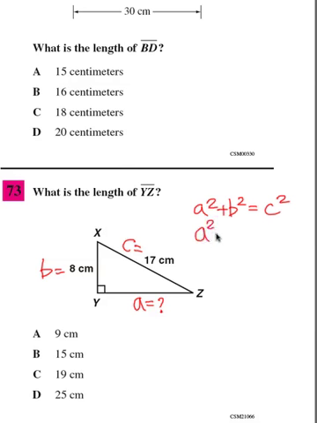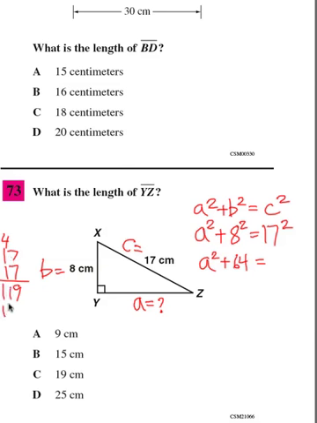A squared plus 8 squared equals 17 squared. A squared plus 64 equals 289.